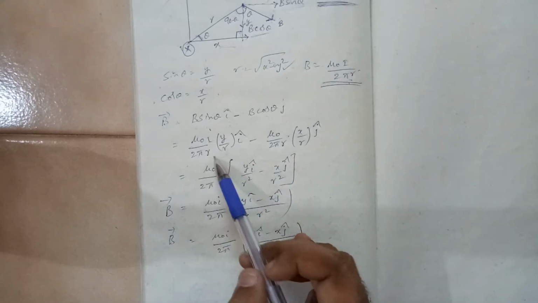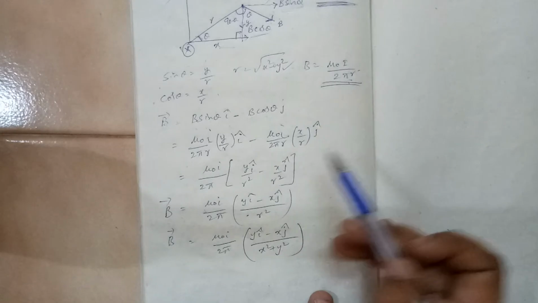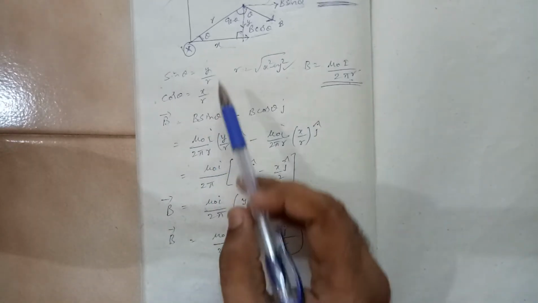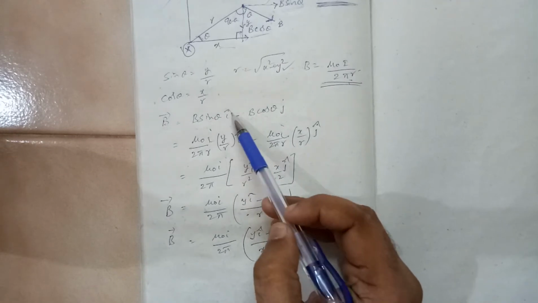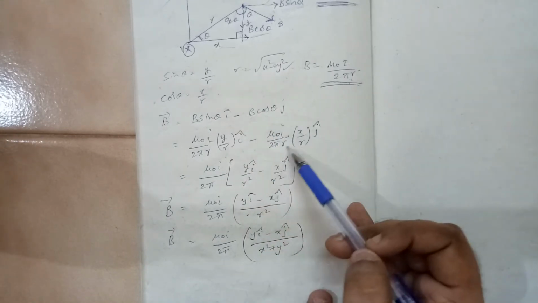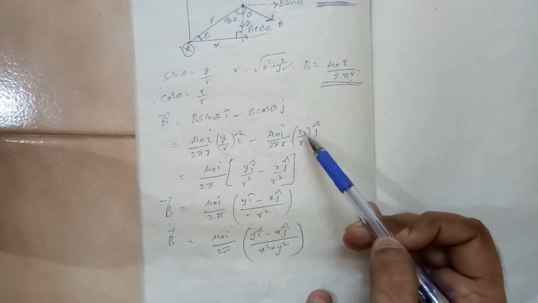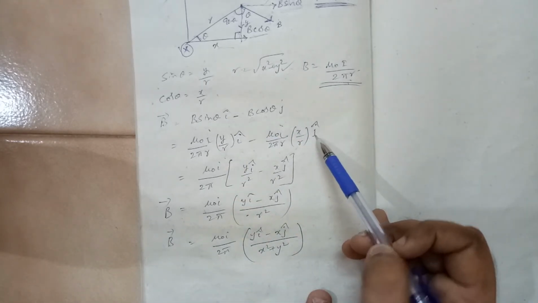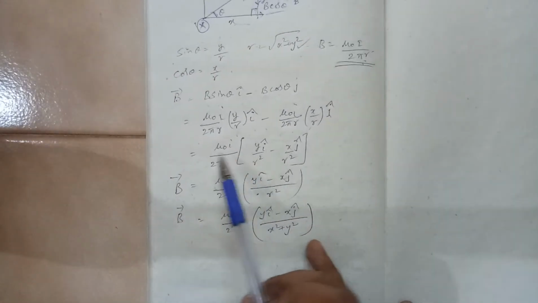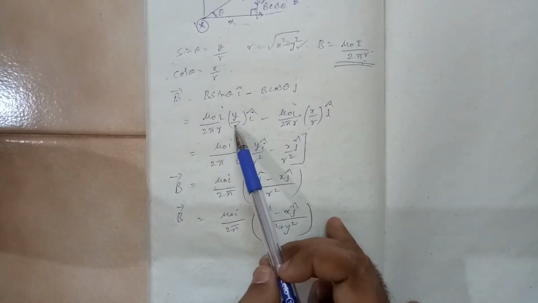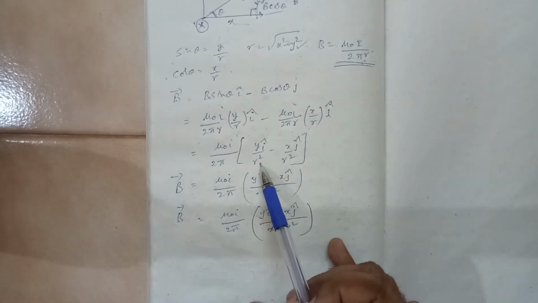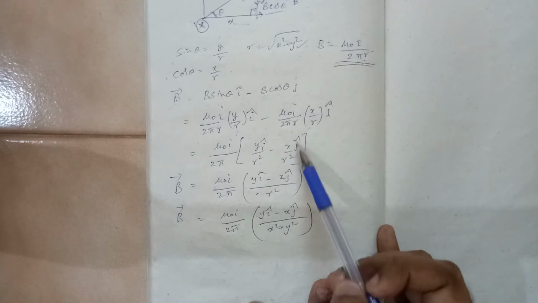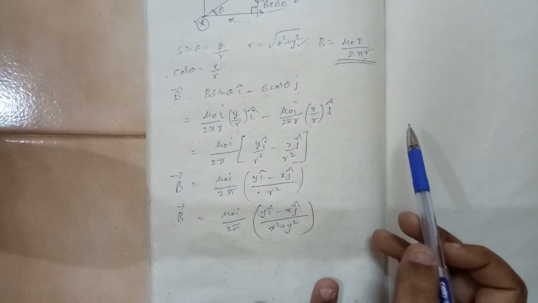So mu naught I by 2 pi r into sin theta, which is y by r, into i cap, minus mu naught I by 2 pi r into x by r. x by r is the cos theta value, into j cap. If you take the common terms mu naught I by 2 pi, you can write y i cap by r square. Here one r is there, here another r is there. Similarly you get minus x j cap by r square.